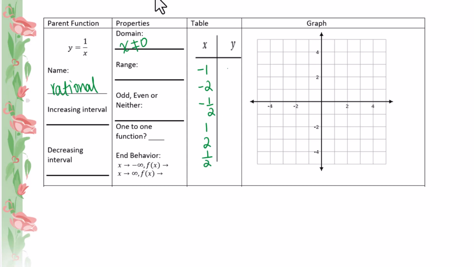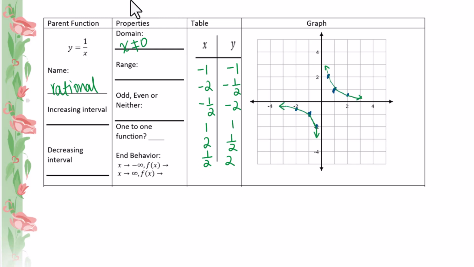Then we can get corresponding y values. So let's plot these 6 points. Then connect these points smoothly.